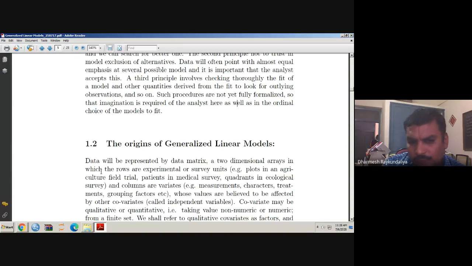So in an experimental or survey setting, the rows are plots in an agricultural field trial, patients in a medical survey, quadrants in an ecological survey. Quadrant means in an ecological survey you design a square of some area in some square meters, and you try to identify how many birds are coming into that particular area.